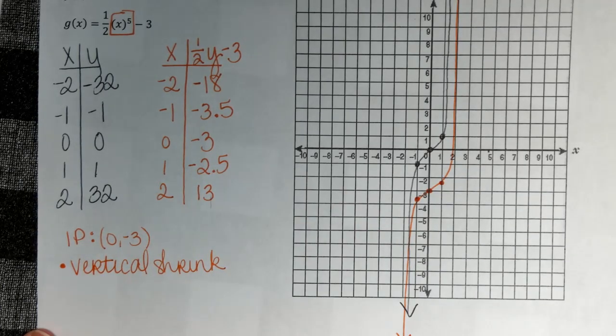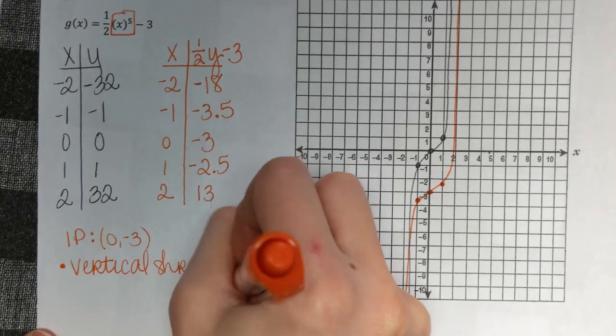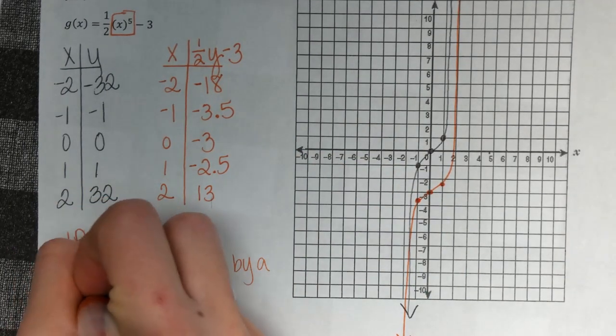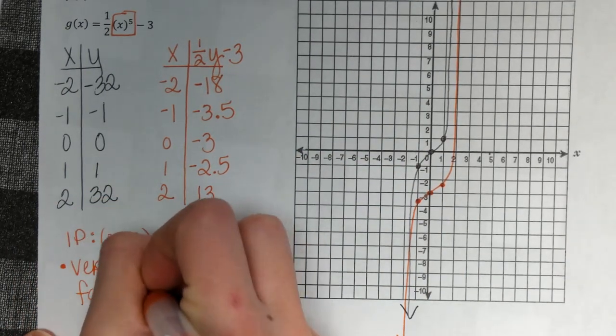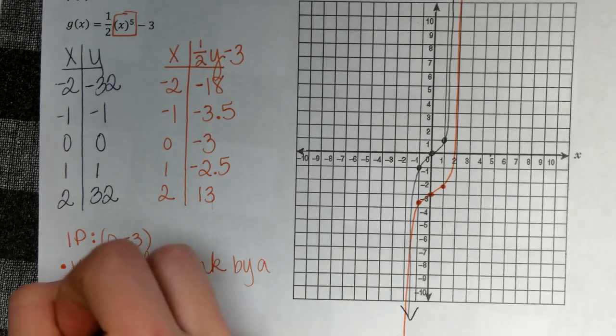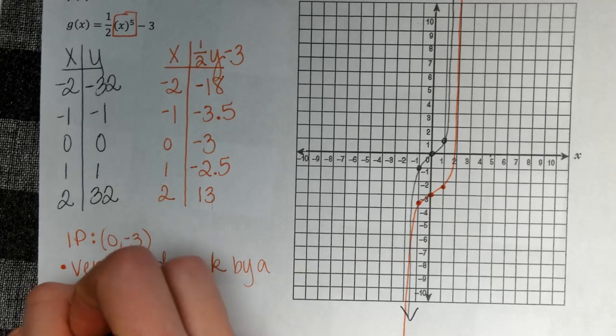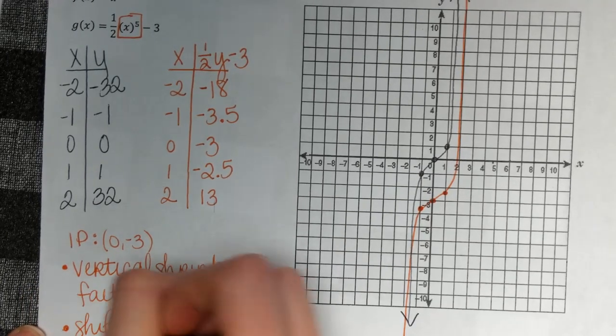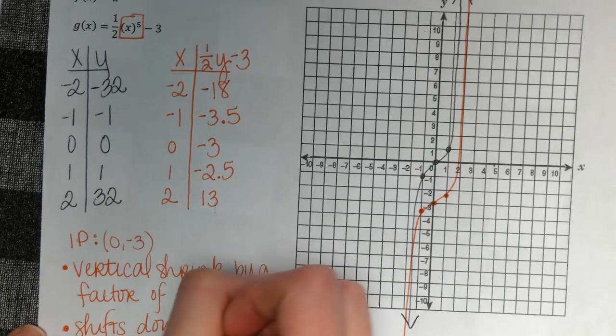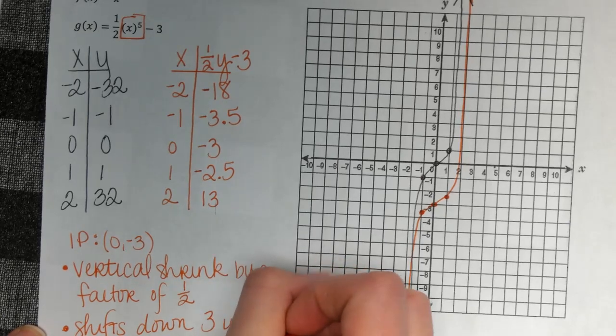Remember that if you would have had a negative, that has nothing to do with stretch or shrink. Negative only tells you what? It reflects. A reflection. Okay, and then the -3 for my y tells me it shifts down 3 units.